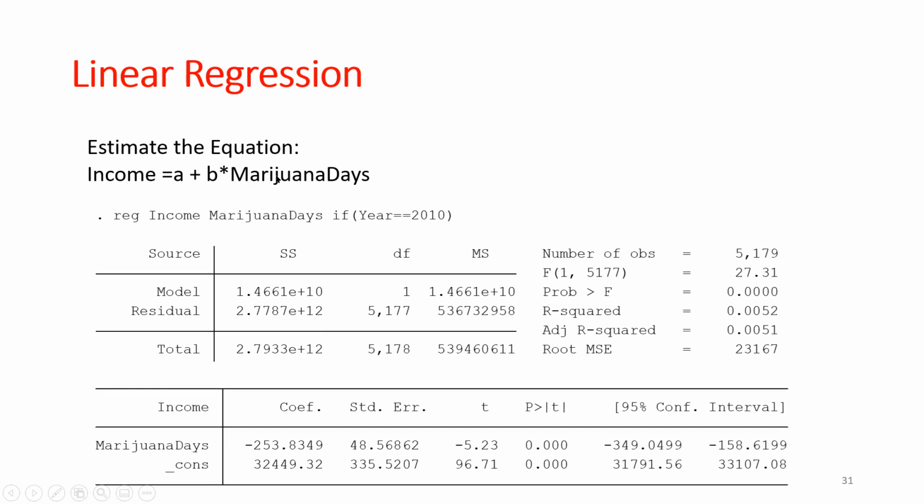Remember last class, the general interpretation we use for these slope coefficients is that for every 1 unit increase in our X variable, that slope coefficient is the predicted change we expect in our Y variable. If we're looking at this output, we've got our coefficient estimates for the slope and the intercept. That is in column 1.